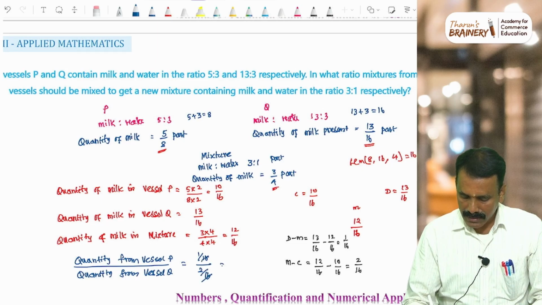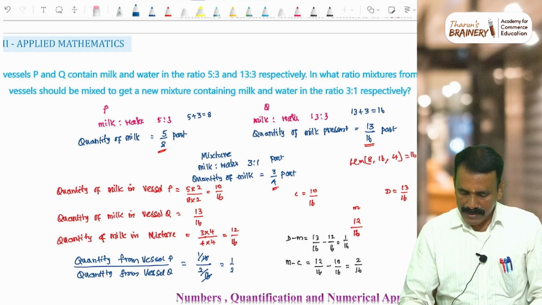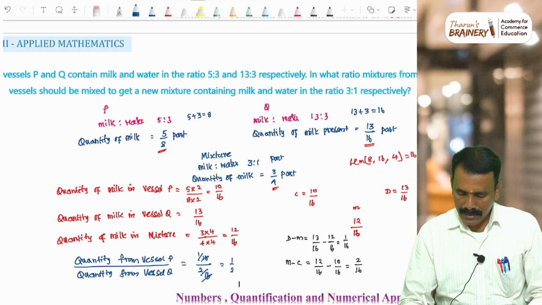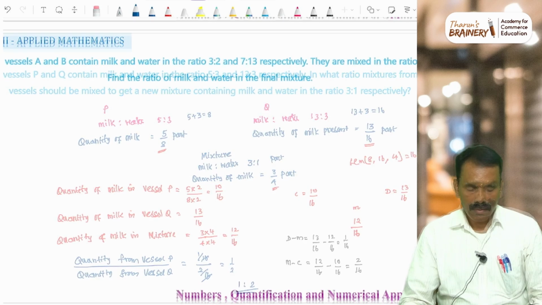The 16 cancels. So the answer is 1/2. So the ratio from vessel P and vessel Q is 1:2. So this is the answer.